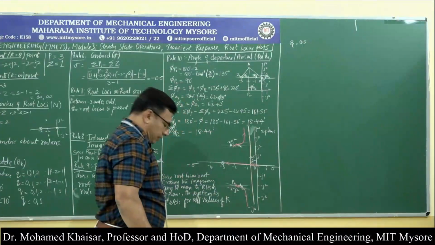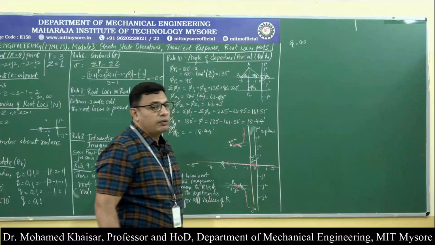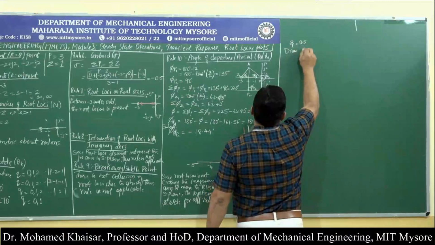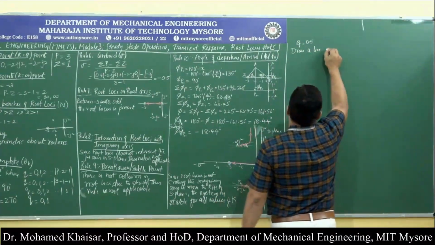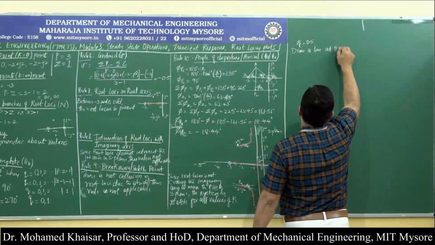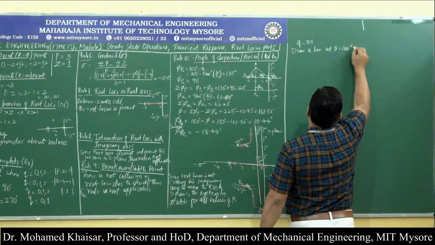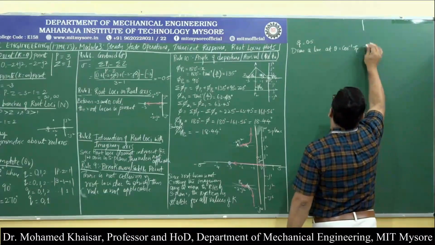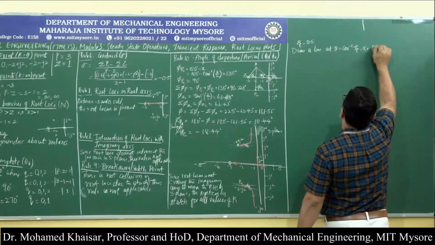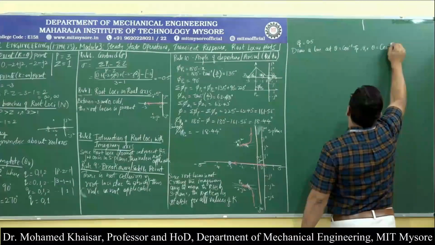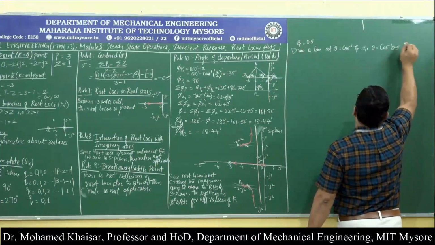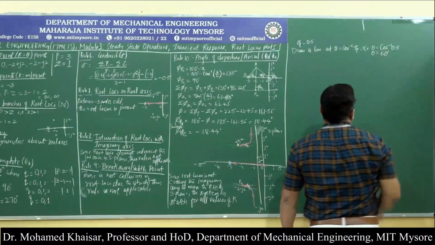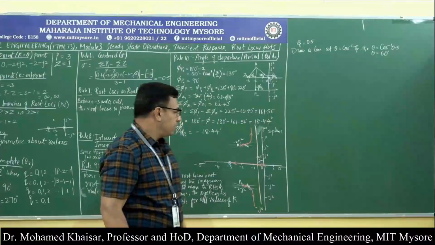What we will do here is, the procedure is, we need to draw a line at theta is equal to cos inverse of zeta. So that means, theta is equal to cos inverse of 0.5, which will give me 60 degrees, which will give me theta is equal to 60 degrees.